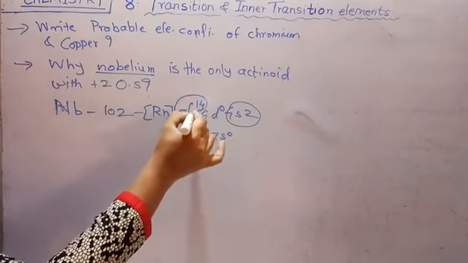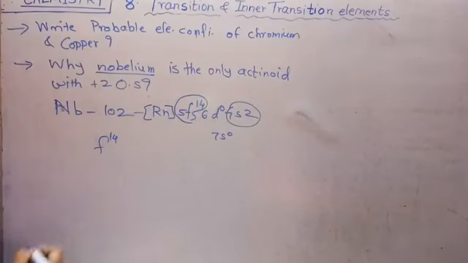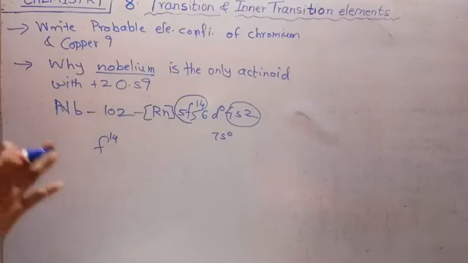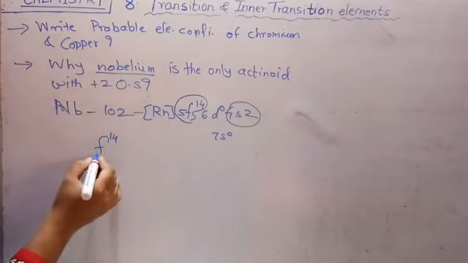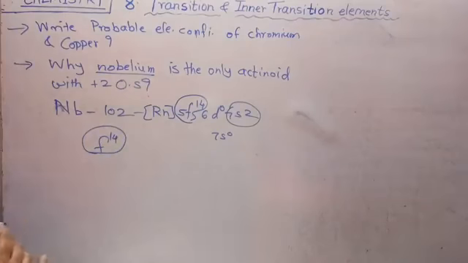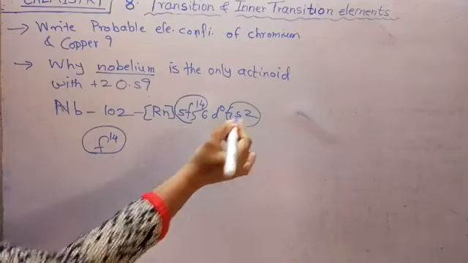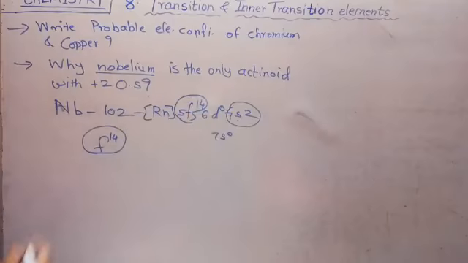To achieve the f14 configuration, nobelium easily removes these 2 electrons and exists in +2 oxidation state. Okay? Nobelium is the only actinoid with +2 oxidation state due to the f14 electrons present in valence, because there is only removal of 2 electrons from the 7s and you get 5f14. See?